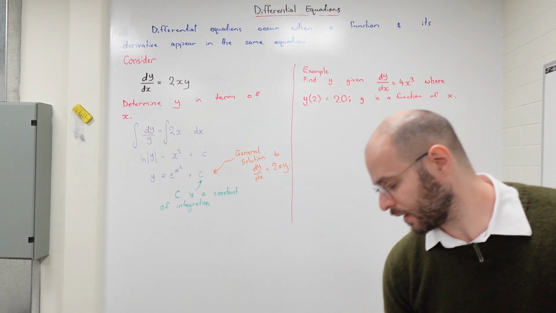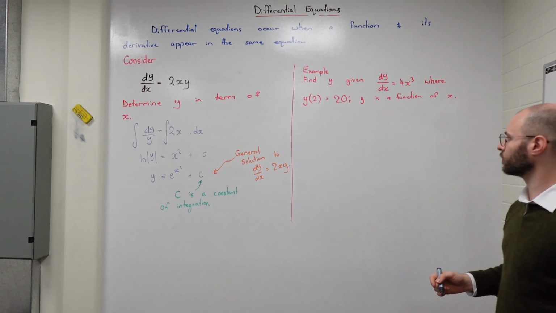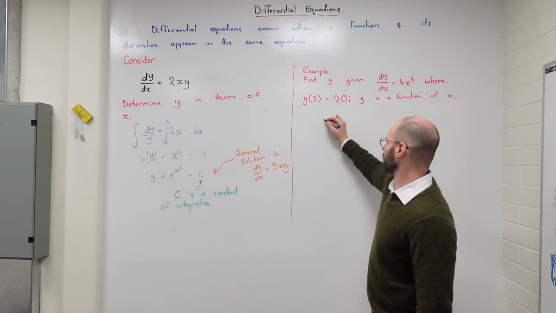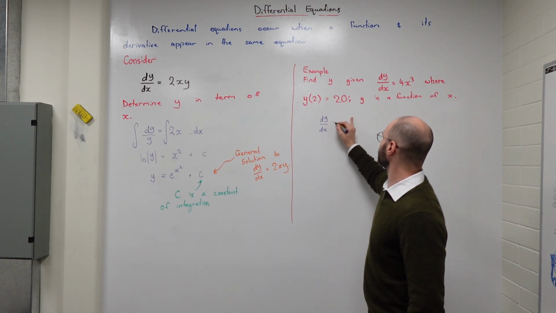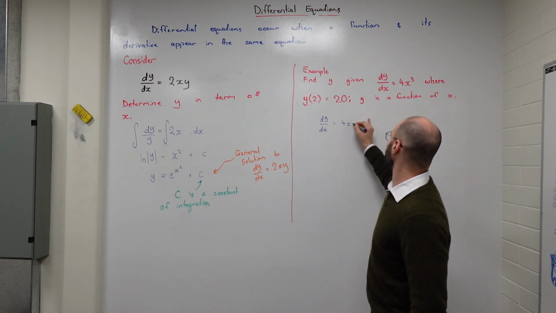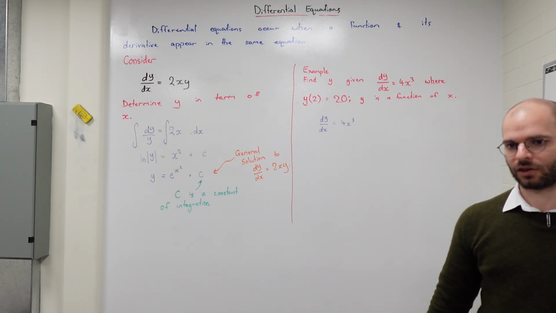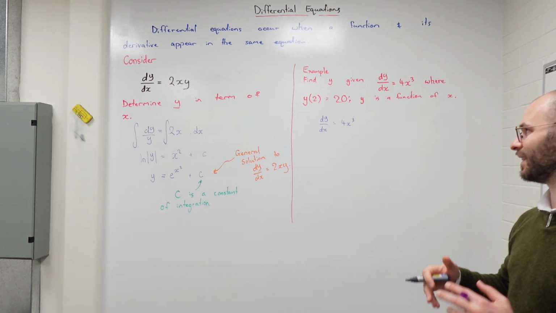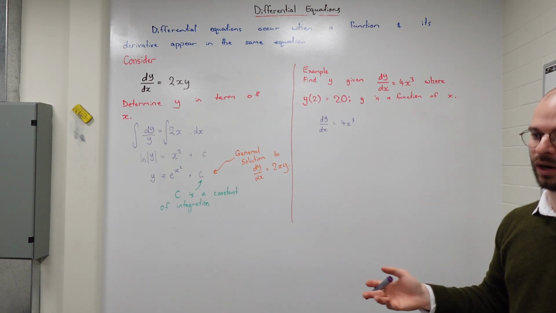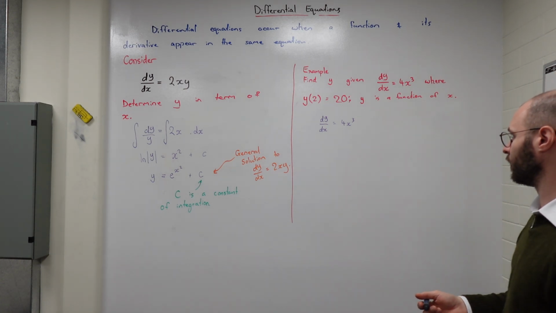So looking at this one, what would we do to try and solve this? Starting with dy over dx is 4x cubed. What's the first thing we need to do to be able to solve this differential equation? Rearrange. We need to rearrange it by separating the y's and the x's. Y's go to the left, x's go to the right, or you can do it the other way around, it doesn't matter.